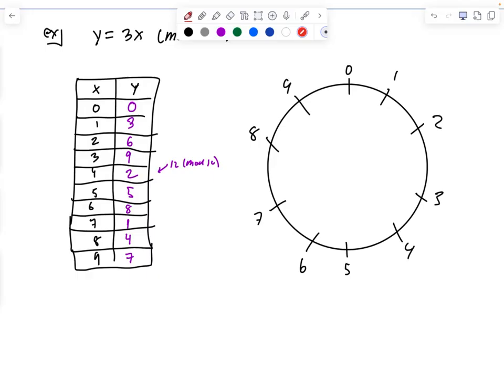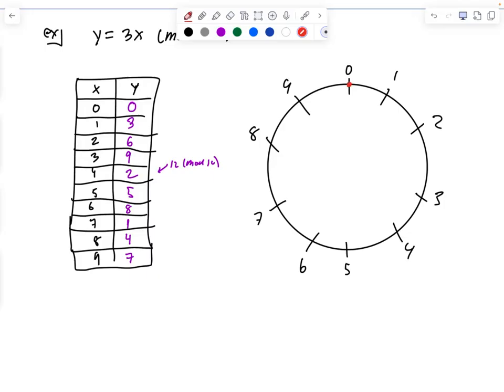All right, 0 goes to 0, so just a dot. 1 goes to 3. Ideally you don't have to make the table, and you're going to find the pattern. Every single time I'm going to skip 3. The next one goes to 6. So 2 is going to go to 6.